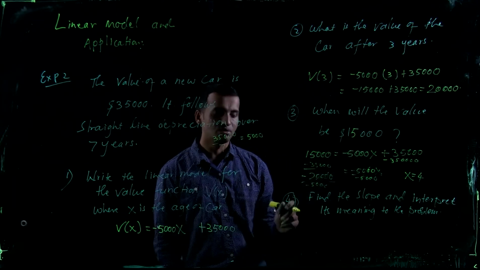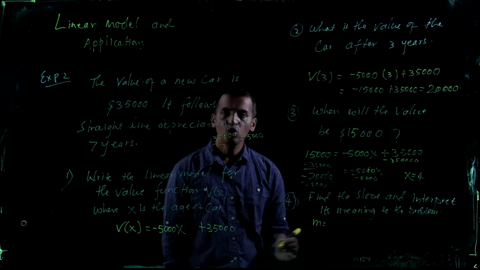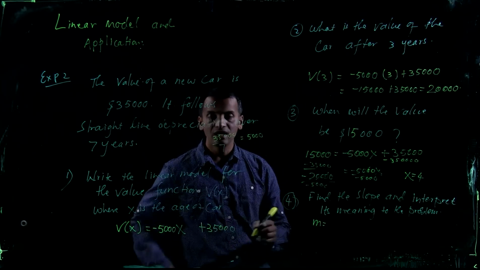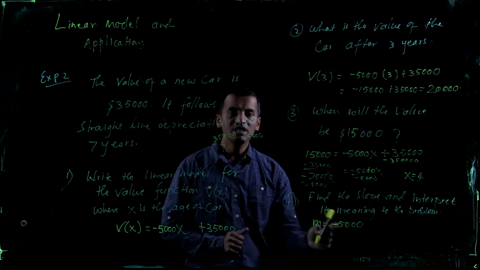And in the final equation, what is the slope? Slope is the average rate of change. Slope is negative 5,000 in this equation. What does that mean?